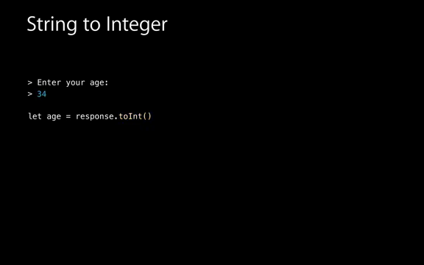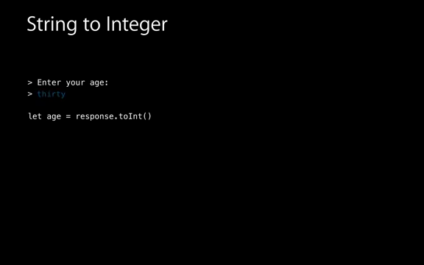Now, when the user enters a string that represents a valid integer, the toInt method returns the correct result. However, because you're not in control of the user's response, you have to deal with situations where there's not an obvious value to return.